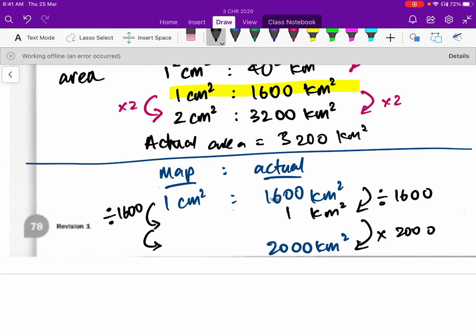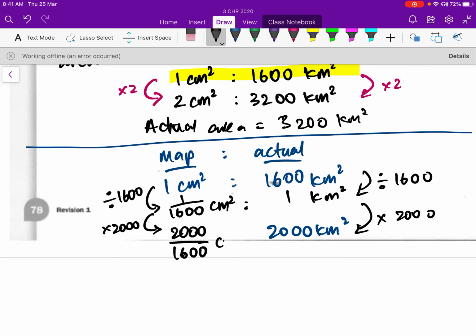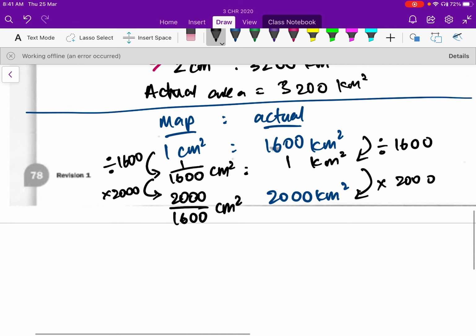Then the next one, multiply by 2,000. So what do we have? 1 over 1,600 cm square. Then we multiply by 2,000, we get 2,000 over 1,600. And then we simplify this to become 5 over 4, 1.25.